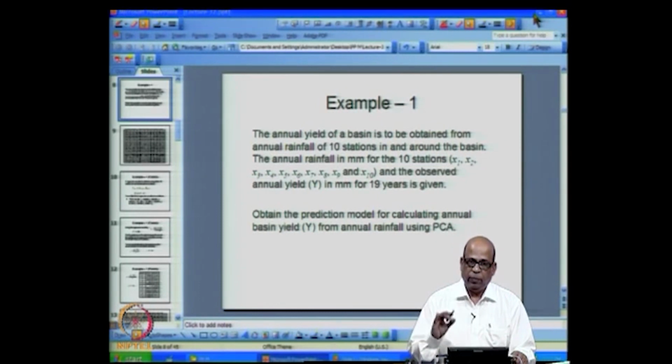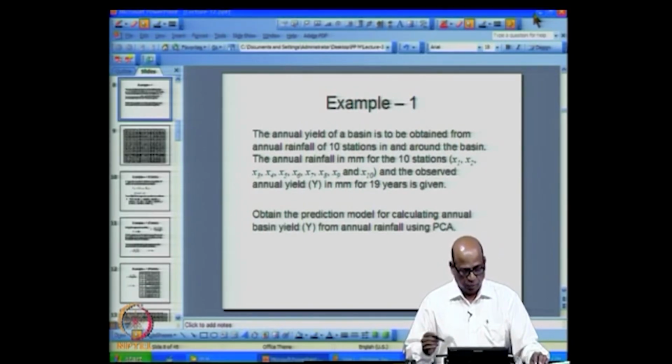On the p by p covariance matrix, which is a square matrix, we get the eigenvectors and the eigenvalues, and we use these eigenvectors to obtain the associated principal components, and then use the regression equation on these principal components.